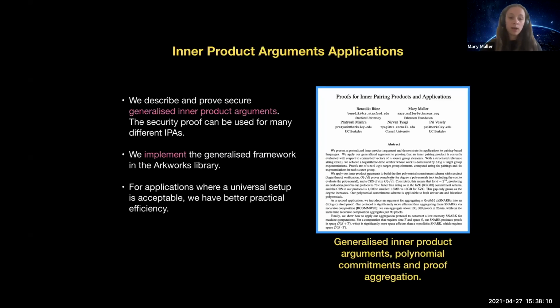And when it comes to applications where a universal setup is acceptable, which, you know, I think there are a good number of applications where this would be true. Maybe not if you had to have a separate setup for every single scheme, but if it's a universal setup, then we can get very good, I would say, practical efficiency in some settings at least.